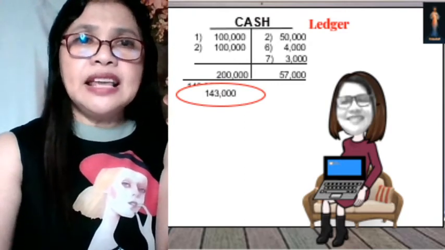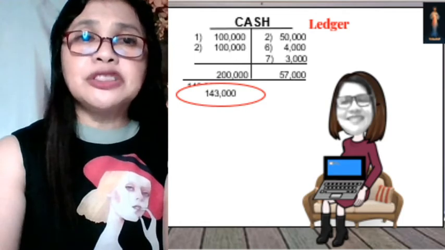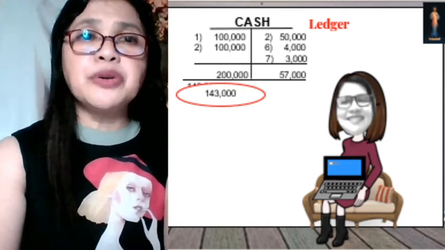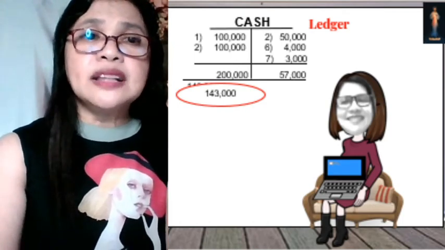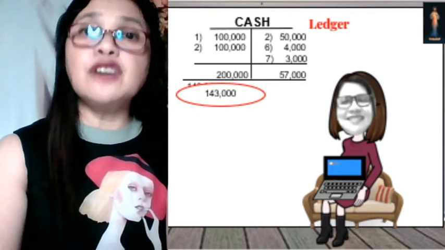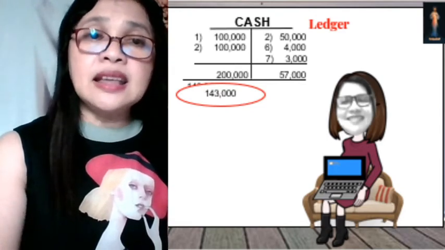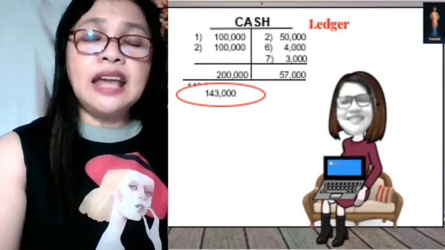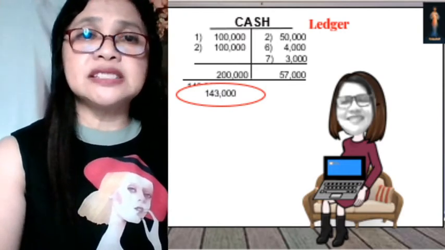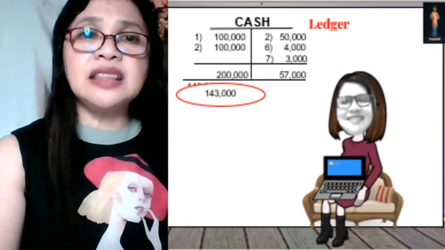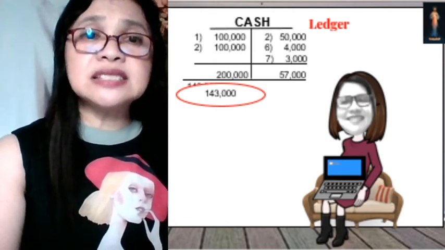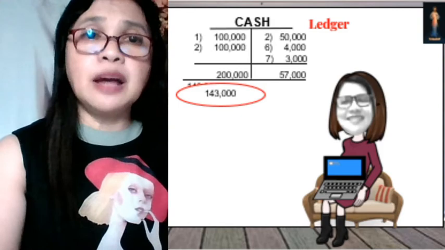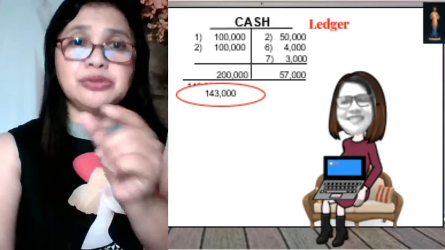Okay, so in the T account of cash, you will notice that there is a number one, a number two. Number one tells us of transaction number one, number two tells us of transaction number two. And on the right side, you will also notice number two, number six, and number seven. This tells us of the transaction number which pertains to that account.